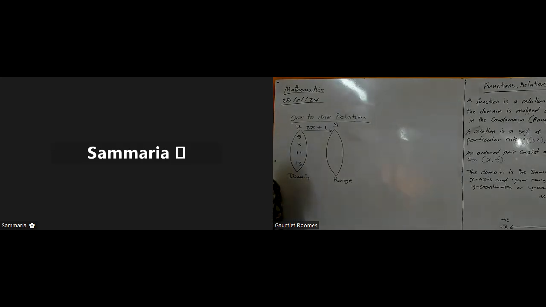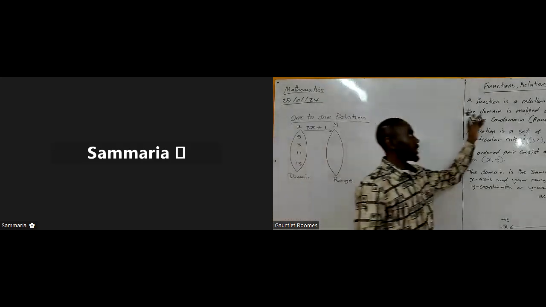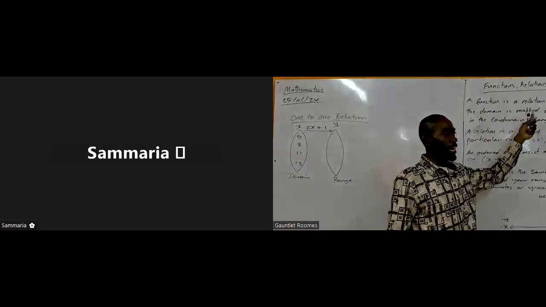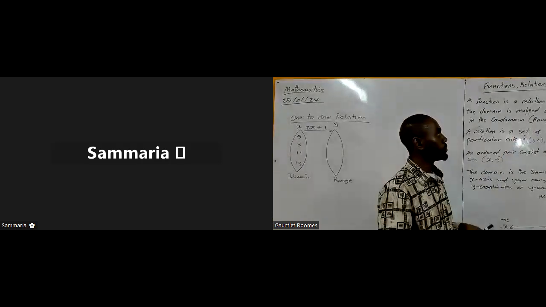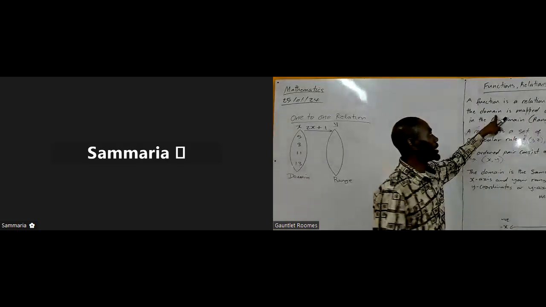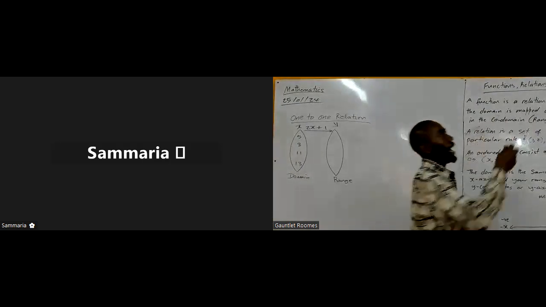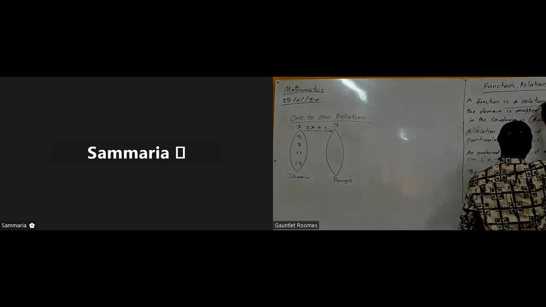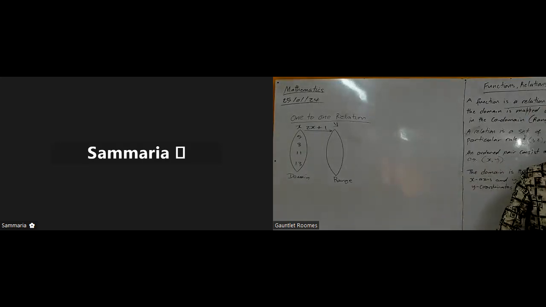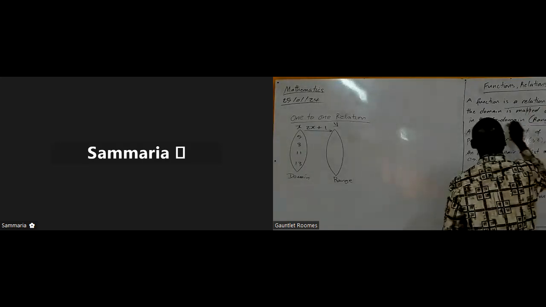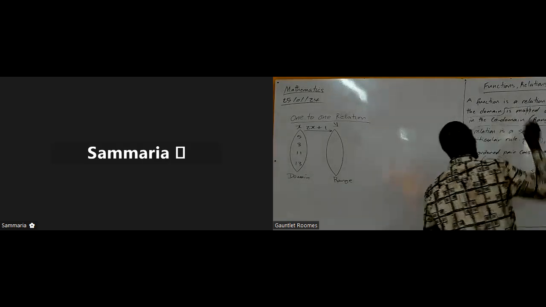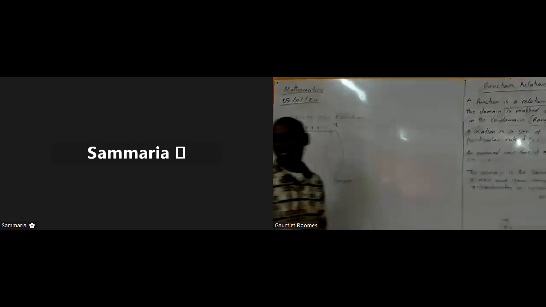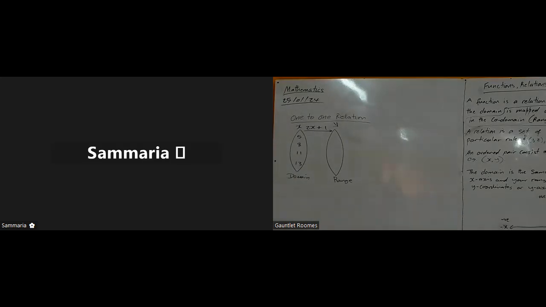But as the definition tells us, a function is a relation in which each element in the domain, and this is the key part, is mapped onto one and only one element in the codomain, or for now, we just call it the range.